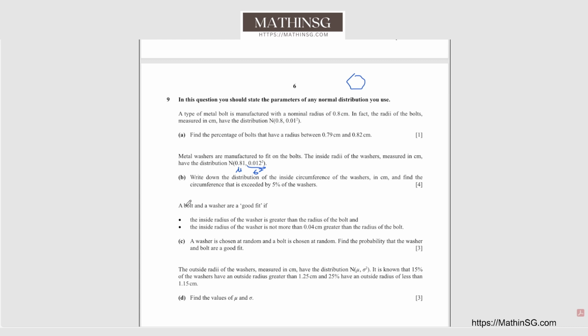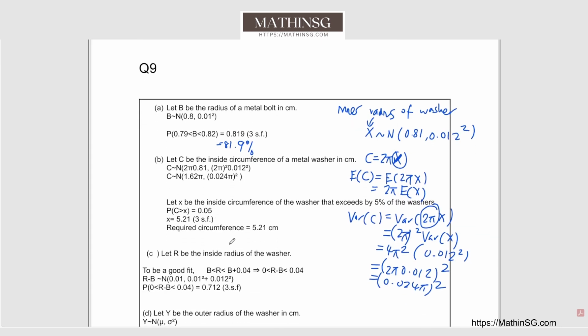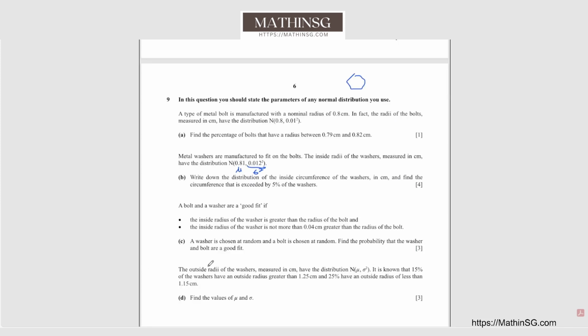Okay, next, going on to the next part. A bolt and the washer are a good fit if the inside radius of the washer is greater than the radius of the bolt, and the inside radius of the washer is not more than 0.04 cm greater than the radius of the bolt. So let's write this out in math. If I let the inside radius of the washer be R and the radius of the metal bolt be B, so this is what I have, right?